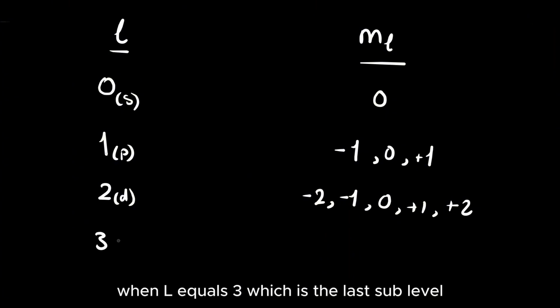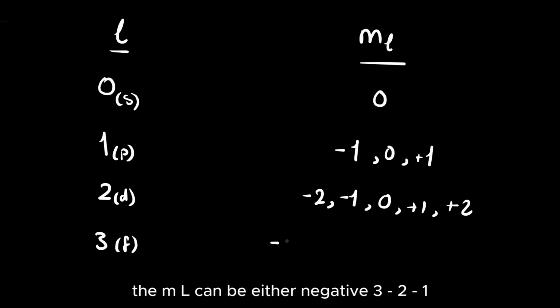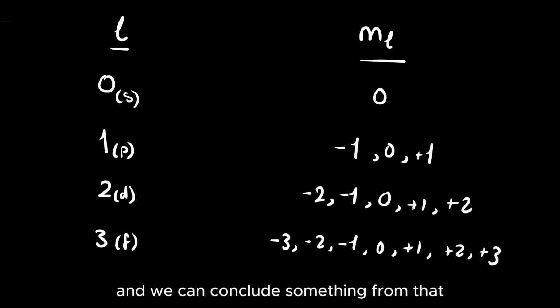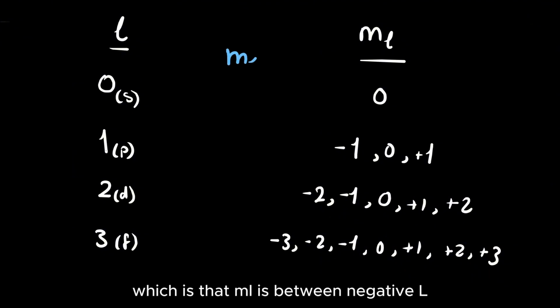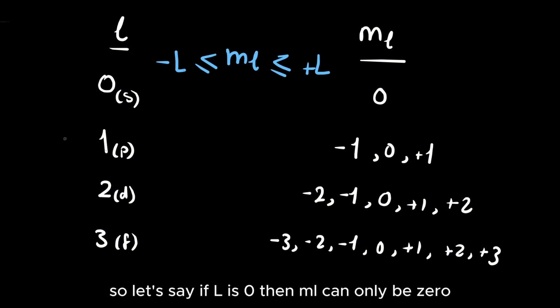When L equals 3, which is the last sublevel, F, the ML can be either -3, -2, -1, 0, +1, +2, or +3.